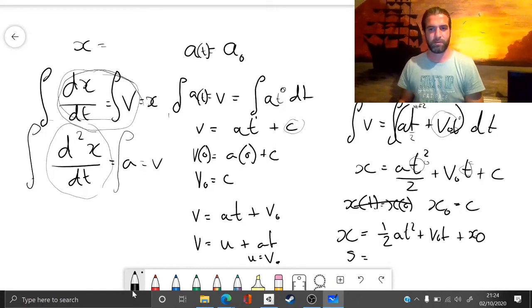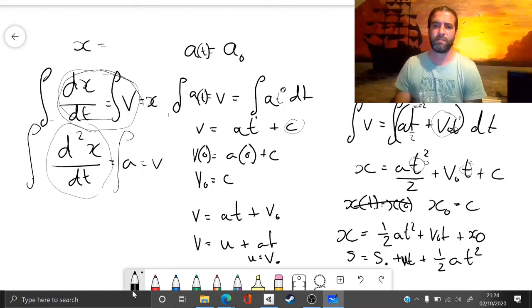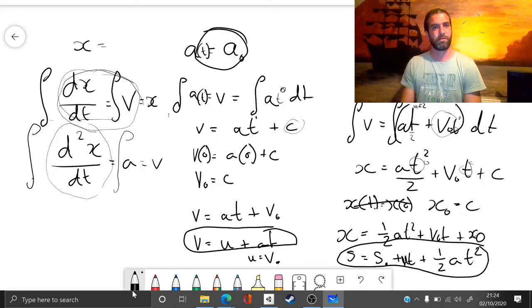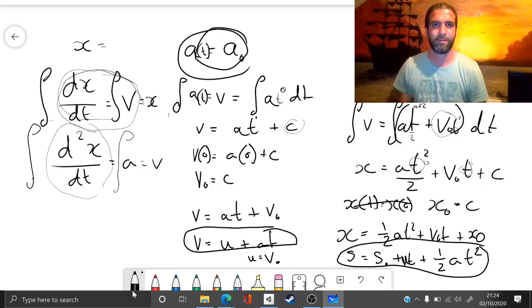How do they normally write it? Displacement s is equal to xi, the initial position, plus ut plus 1/2 at squared. And these are the constant acceleration equations of motion from Isaac Newton himself. Cool, man.